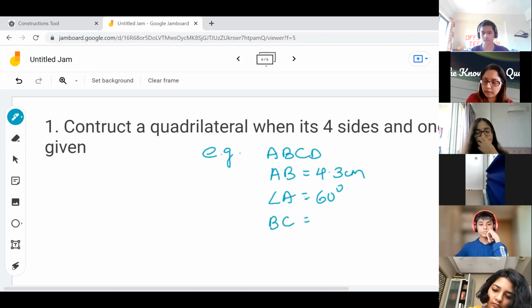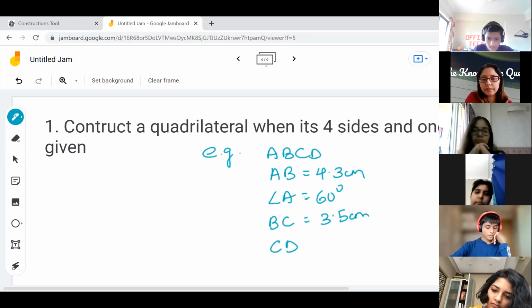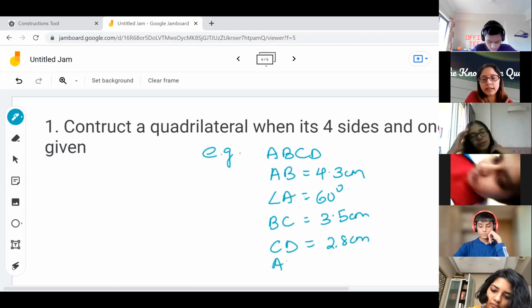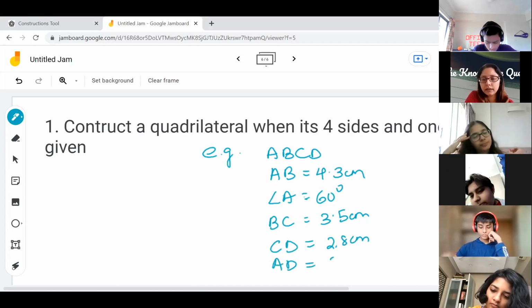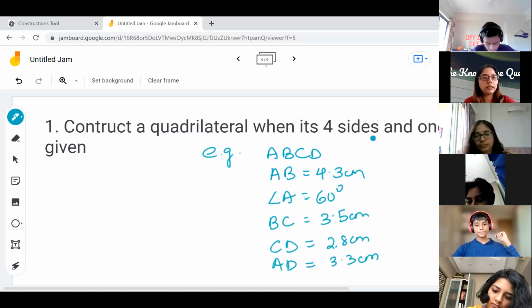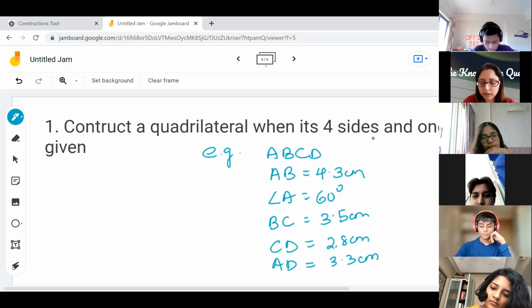BC is given as 3.5 centimeters. CD is given as 2.8 centimeters. And AD is given as 3.3 centimeters.